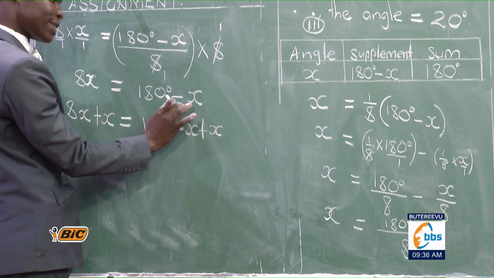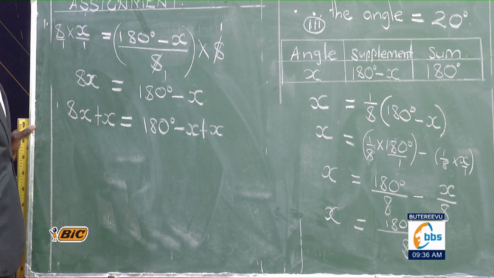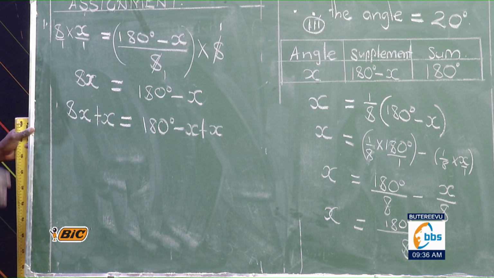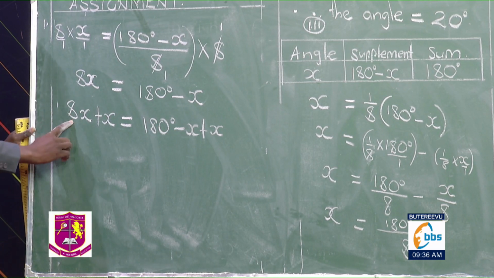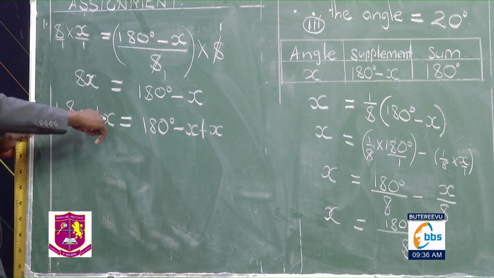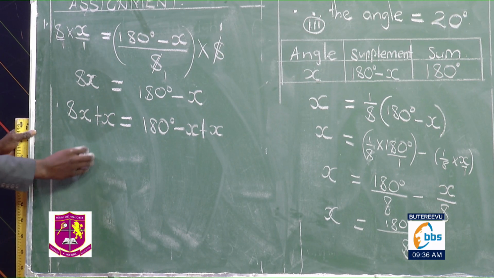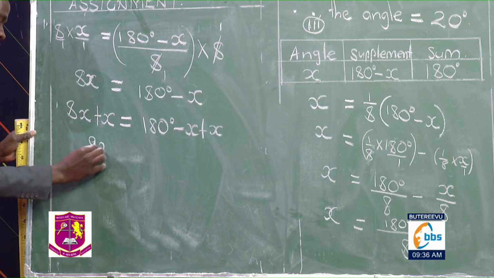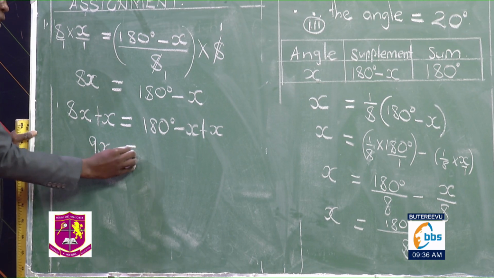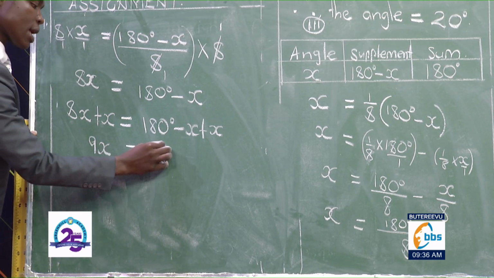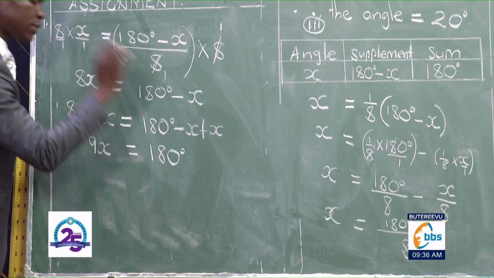So when you get minus x plus x, you get 0. You no longer have x that side. So 8x plus x, we shall get 9x, which is equal to 180 degrees.